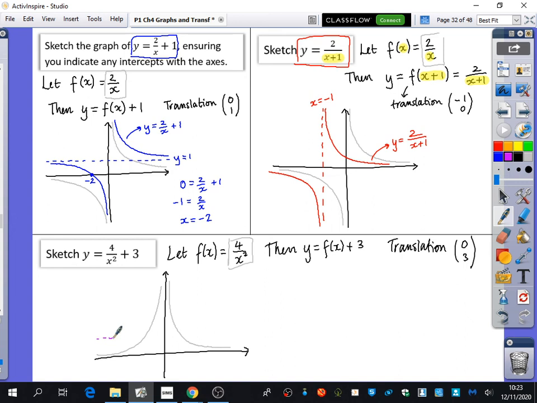So it's all going to be shifted up. So there's the asymptote, which is y equals 3, and it's just going to be that same pattern of the praying hands like that. So this graph that I've just drawn is y equals 4 over x squared plus 3. The whole thing has shifted up 3 spaces from where it was before.